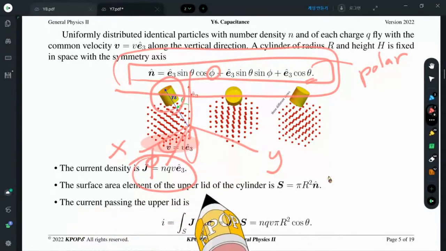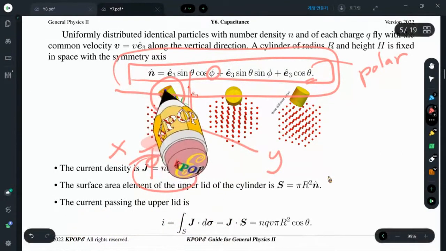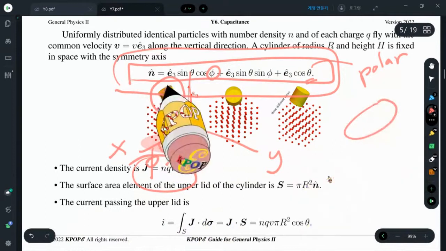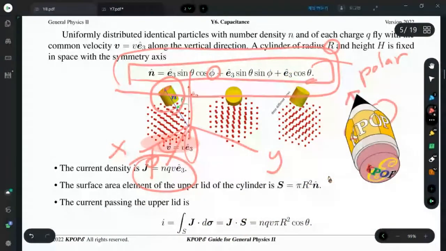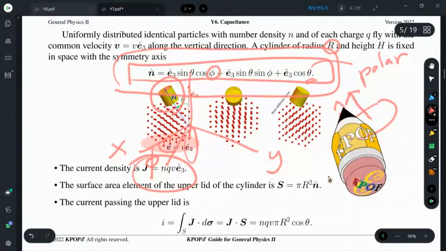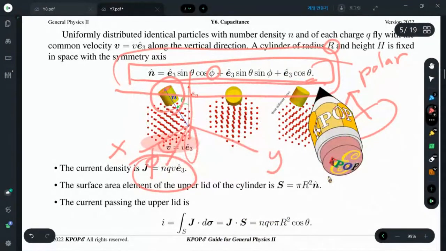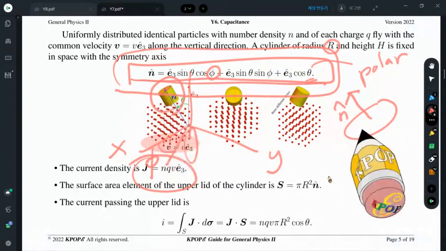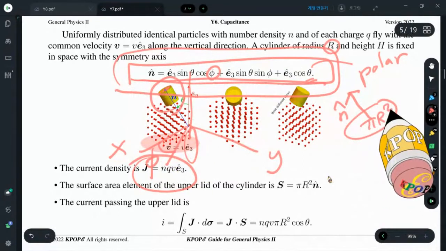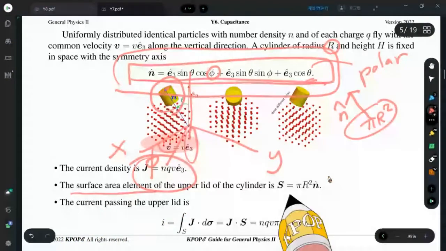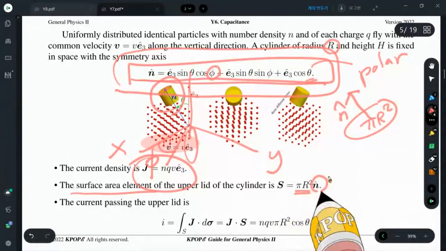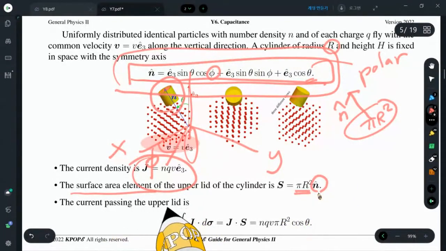First, the surface area element of the upper lid, and this radius is r. You have to find a normal vector, and it is written here. And what is the area? Pi r squared. So the surface area element of the upper lid is the area multiplied by the unit normal vector.